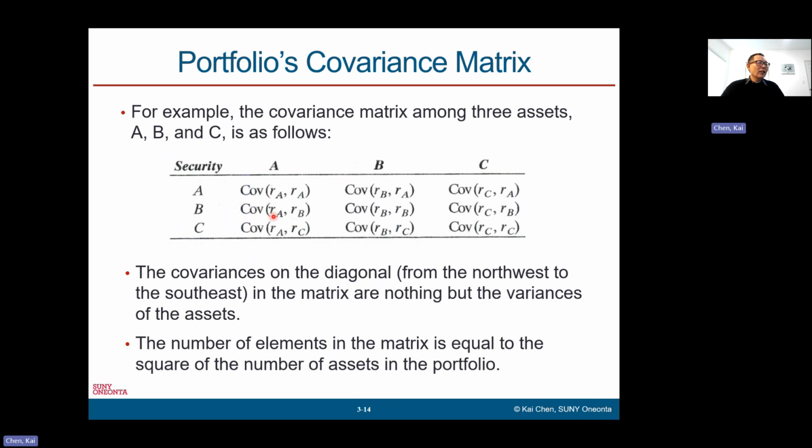This is the covariance between asset A and asset B. They should be equal to each other. They are the same thing. So we have the second important characteristic of this covariance matrix.